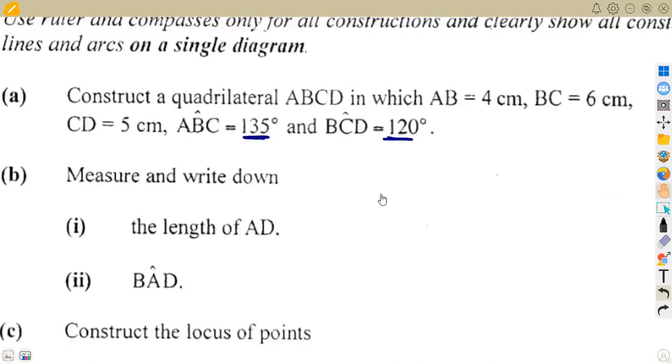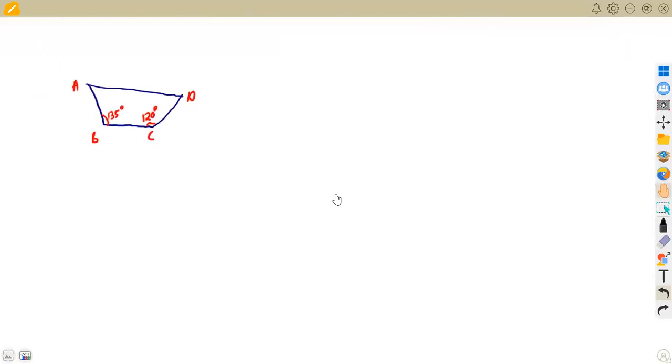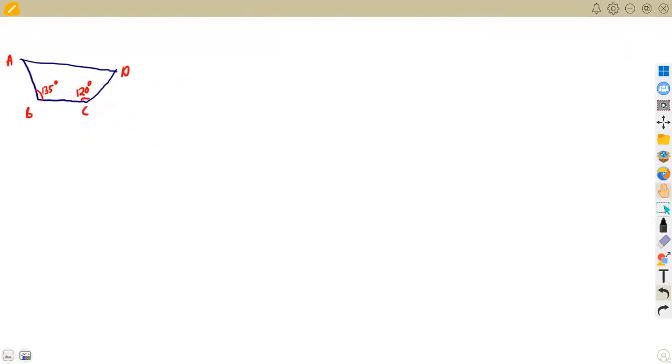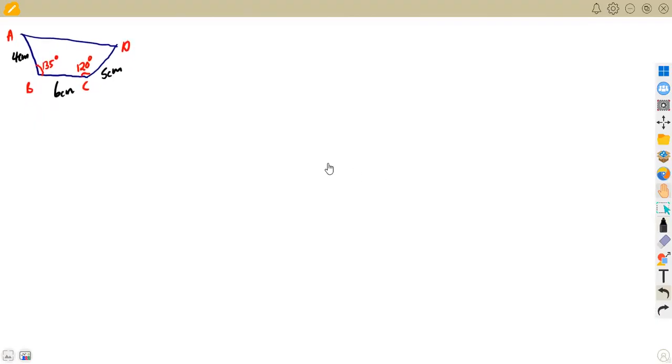So we're going to label these dimensions. AB is 4 centimeters, BC was 6 centimeters, and CD was 5 centimeters. So this is your sketch, the one that you're going to use in your constructions and so forth.